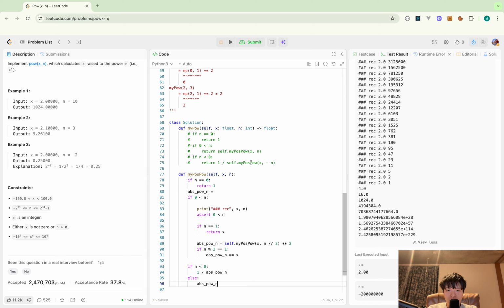Okay. And actually I don't need this to be the helper function.